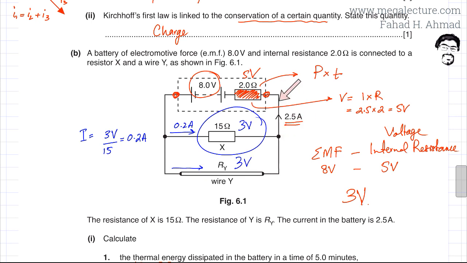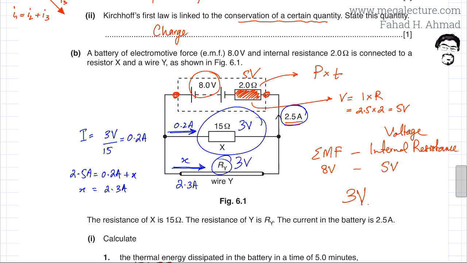Since the total current coming out is 2.5 amperes, 2.5 amperes is the sum of this 0.2 ampere current and this current, let's call it X. So 2.5 amperes equals 0.2 amperes plus the current X, which is going through this resistor Ry. Solving this, I get X equal to 2.3 amperes, which means 2.3 amperes is passing through this wire whose resistance is Ry.